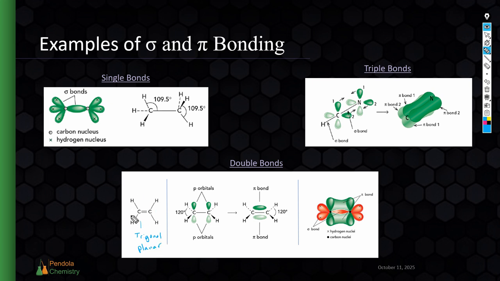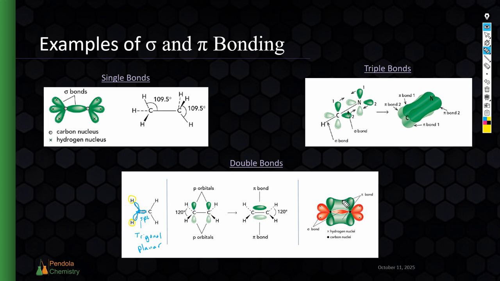Like we said, because these carbons are trigonal planar, they have sp2 hybridization, meaning this carbon has an sp2 hybrid orbital here, an sp2 hybrid orbital here, an sp2 hybrid orbital here. So 3 sp2 hybrid orbitals. The hydrogens have, again, just s orbitals.